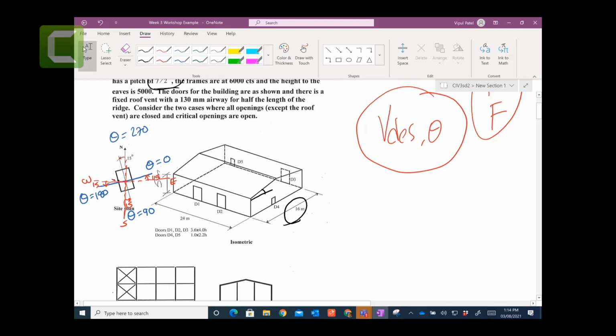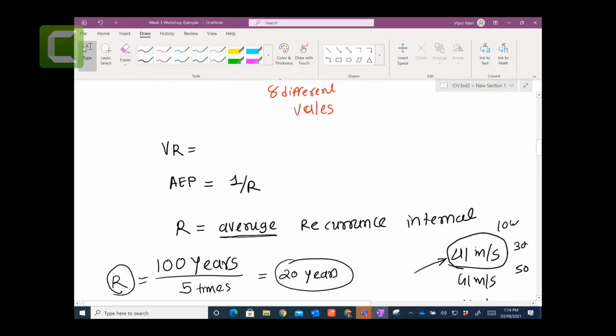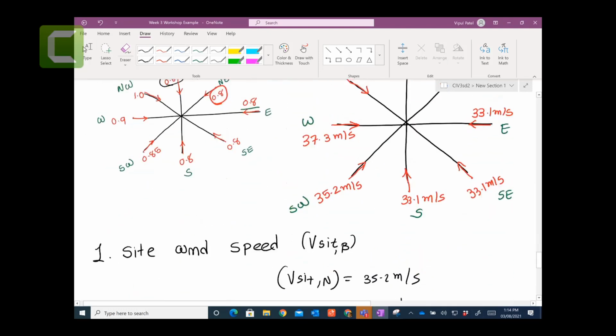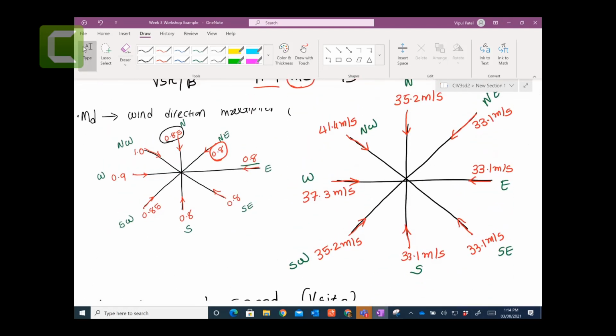Now let me put these details here on my diagrams. So which diagrams I'm talking about, I'm going to put it here. Please pay attention here. So let me use different colors.